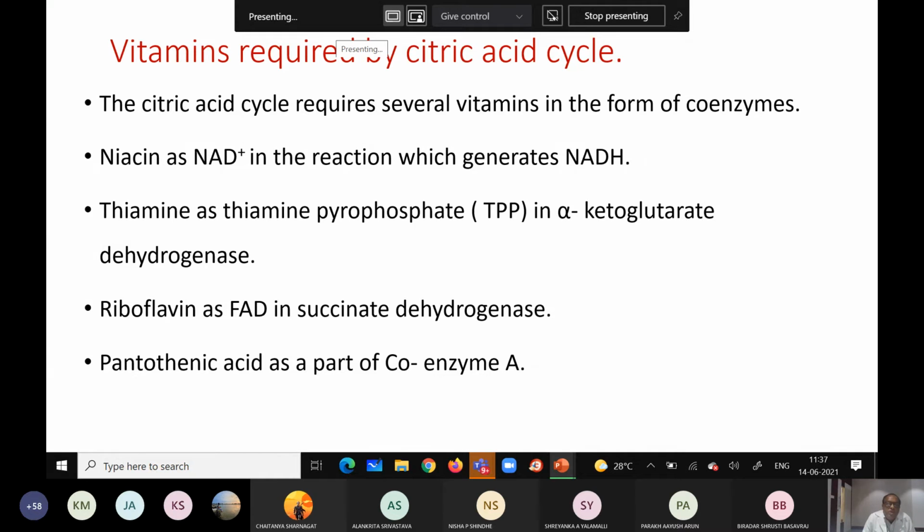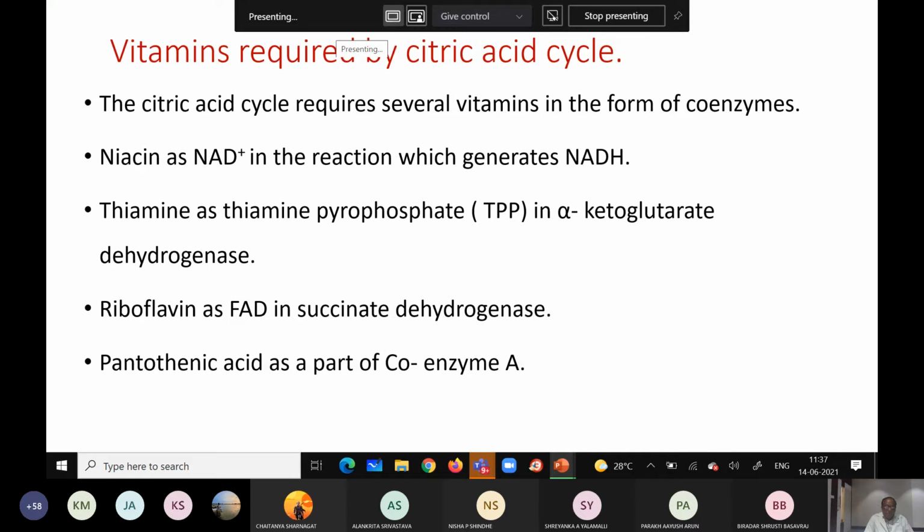At that time you have to answer that niacin, in the form of NAD, is involved in these reactions, converting itself from NAD to NADH.